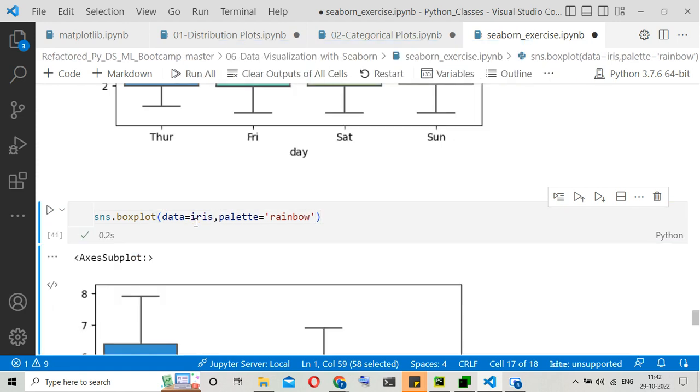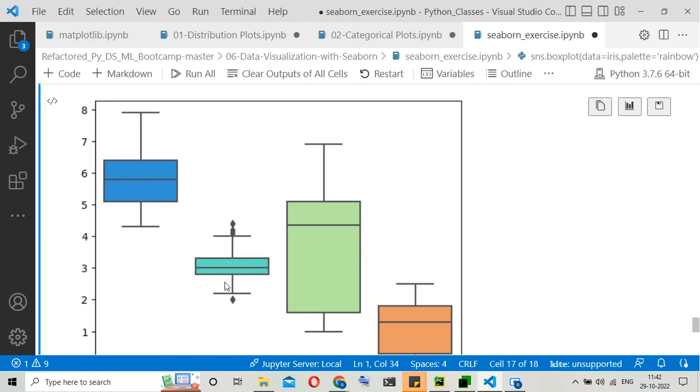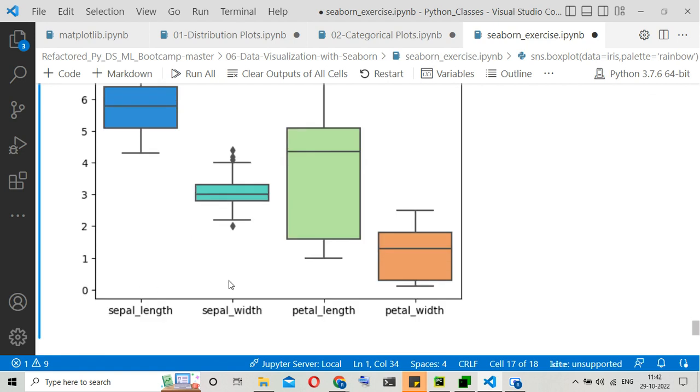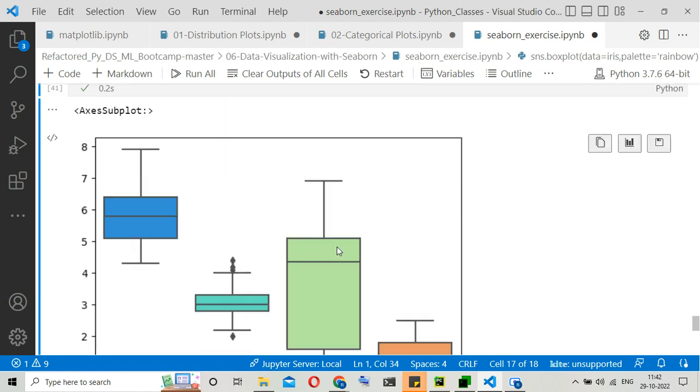We can check how it is. So you can check your sepal length compared to here. You can see petal widths are very small compared to sepal width, and sepal lengths are higher than petal length. Such kind of analysis you can conclude.